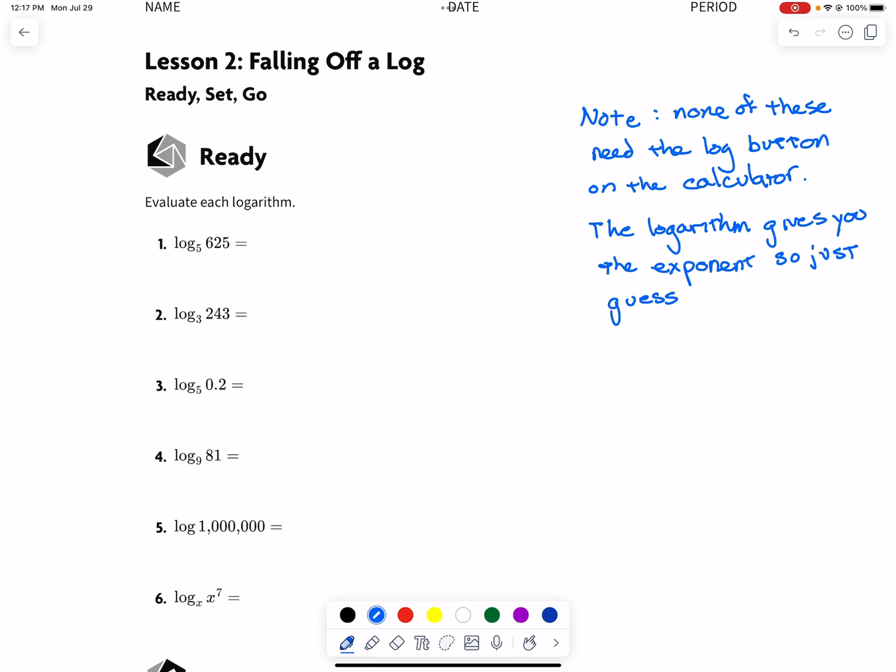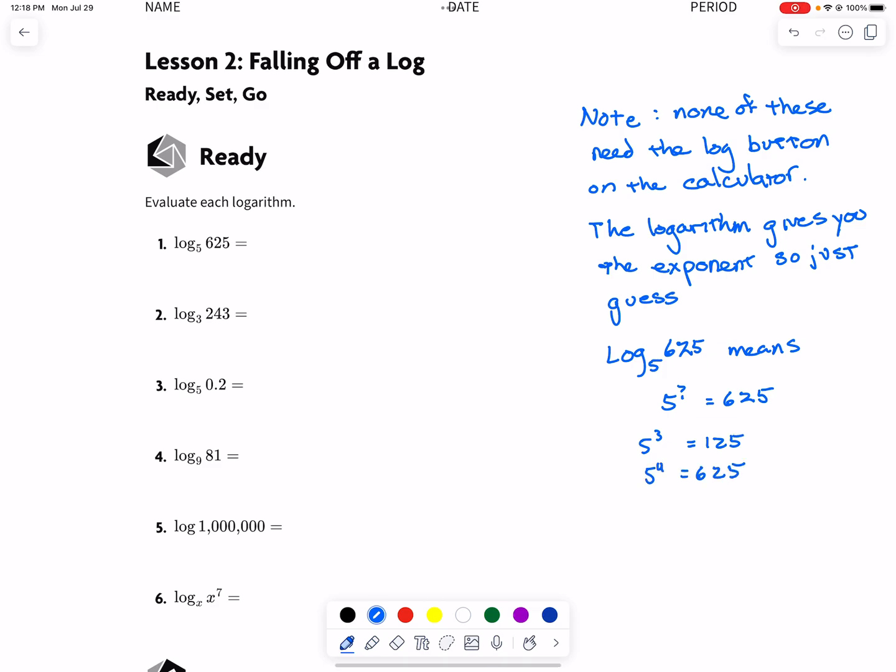For instance, with log base 5 of 625, it means what power of 5 gives you 625. We'll type in 5 cubed on the calculator. It's only 125. That's not enough. 5 to the 4th is 625.